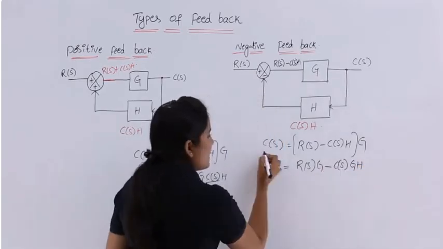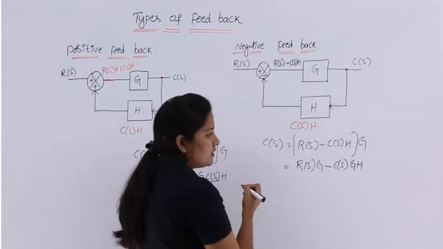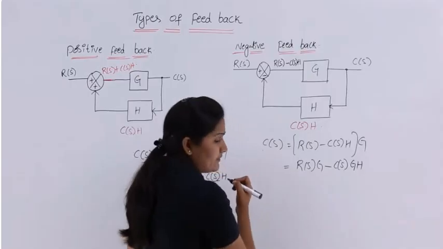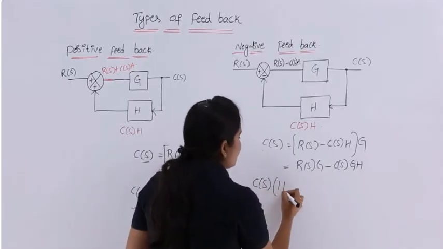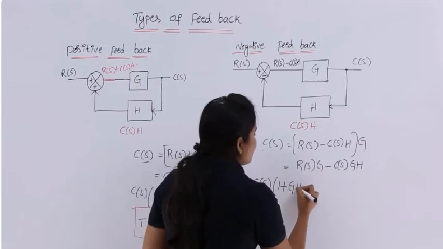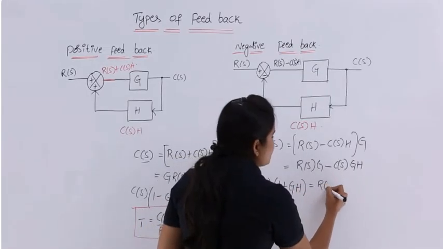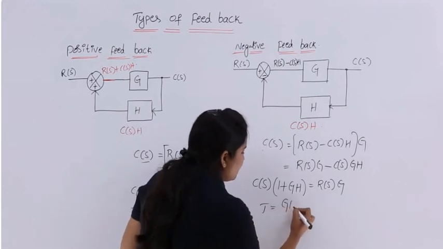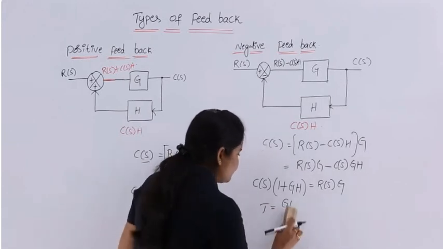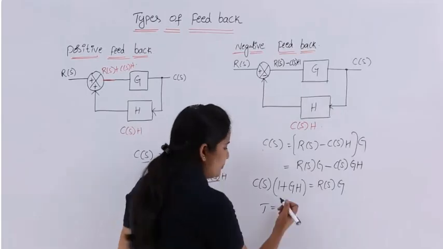We have C(S) on this side also, so I am sending the total C(S) to the left side and taking C(S) common. I get C(S) into (1 plus GH) is equivalent to R(S) into G. As we know, the transfer function is the ratio of output transform by input transform.